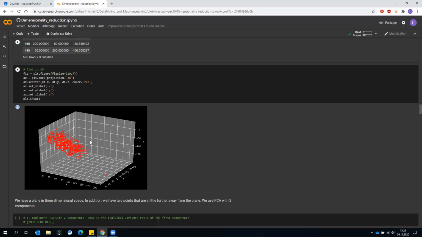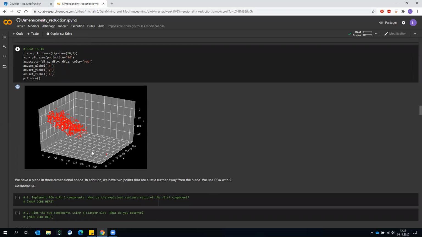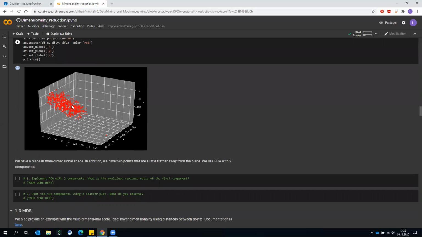And we want to apply PCA. That's your job now, to apply PCA to this data and to show which cut it makes. So basically, the idea of PCA from 3D to 2D is to take a picture of this data that keeps a maximum of variance.